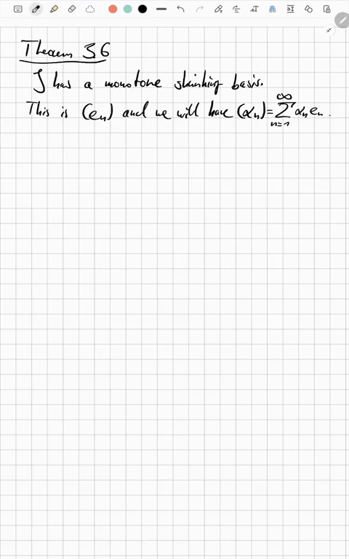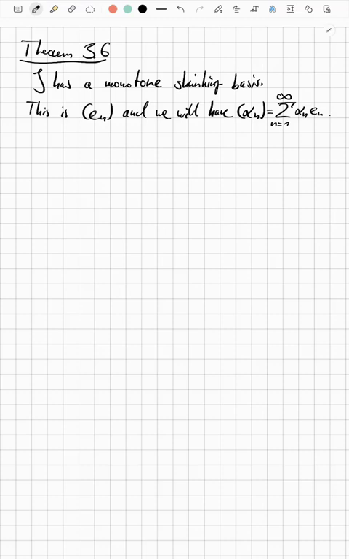And these e_n's are the standard basis that we also know from c_0. So e_1 has a 1 at the first index, and e_9 has a 1 at the 9th index, and it's only zeros in the other places.